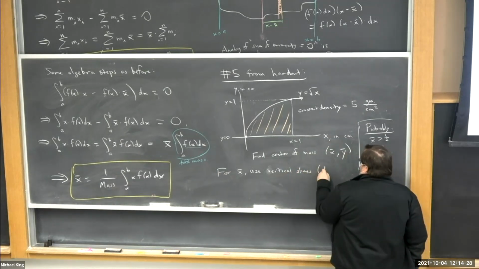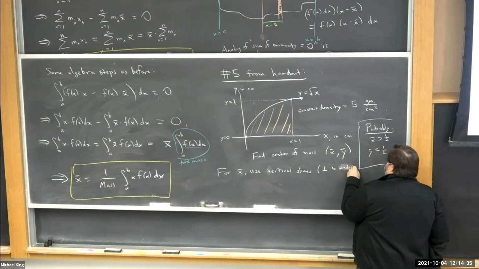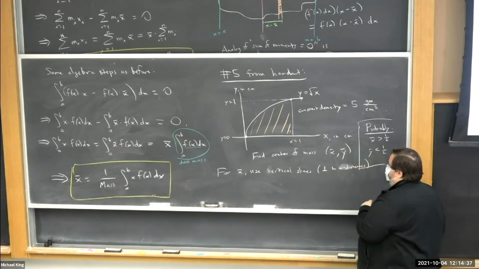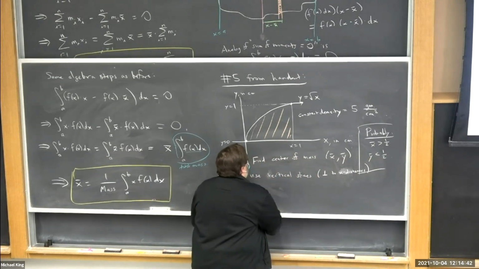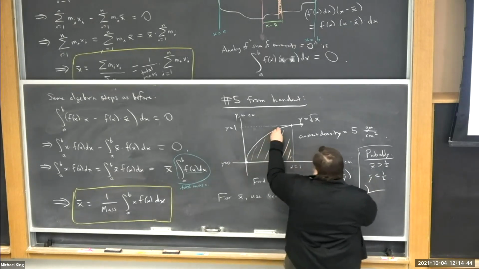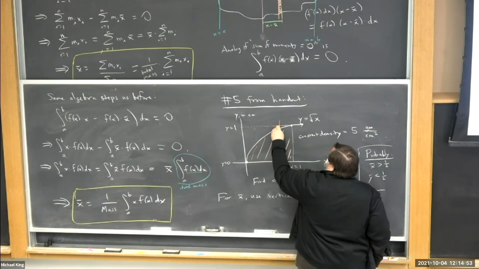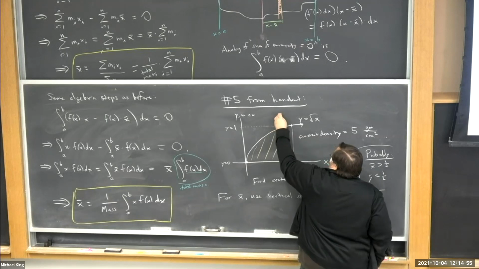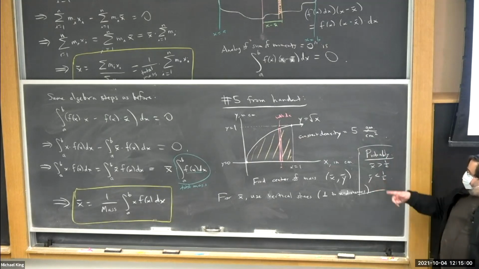Sort of they're perpendicular to the distances that we're thinking about, right? We're thinking about x perpendicular to x distances. So if I just make a vertical slice here at x, and its width is dx, we need to do the area of the slice times the density, right?